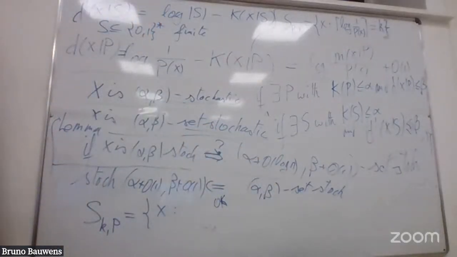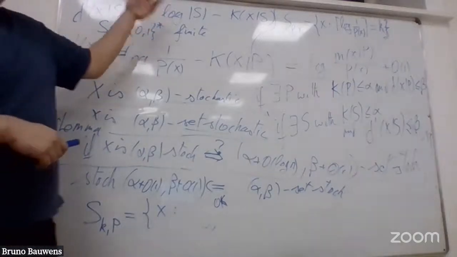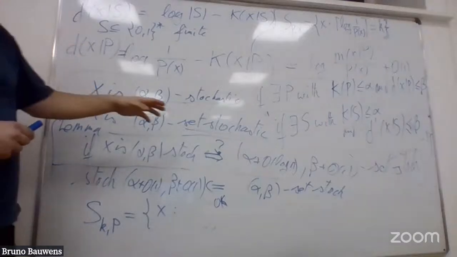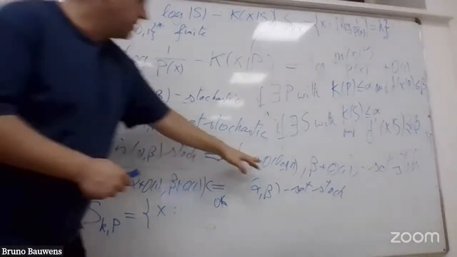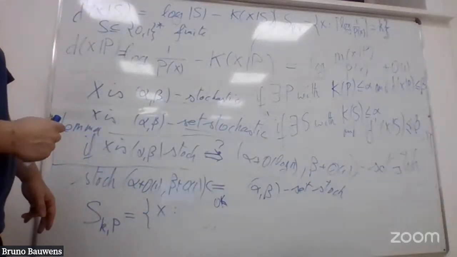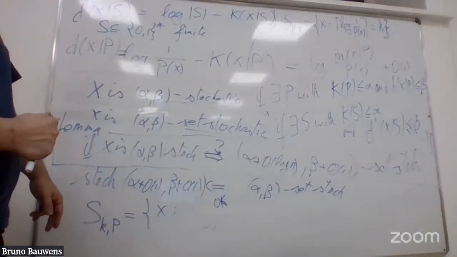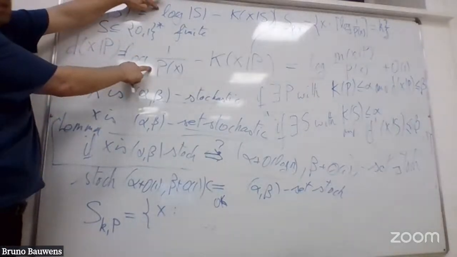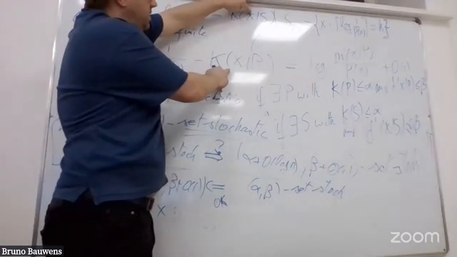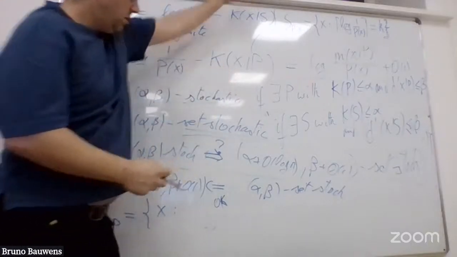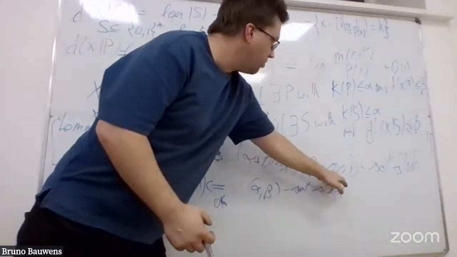And secondly, the deficiency can only be smaller, because the strings are the same, and conditional complexity here can only be larger up to a constant. And so here we have beta plus O of 1.